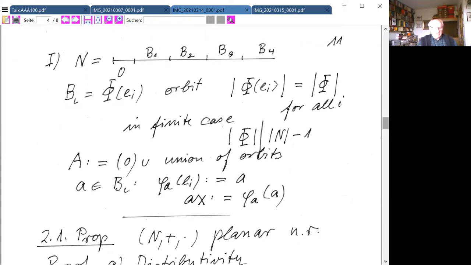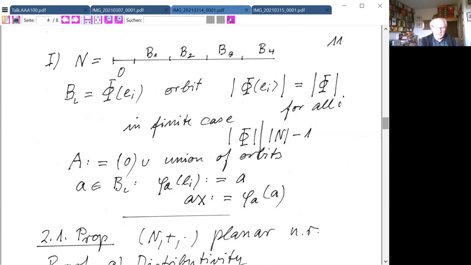If we are given a Ferrero pair, then we have a partition of N into 0 and blocks of orbits of equal length, which will be our basic blocks, as Jay called them.